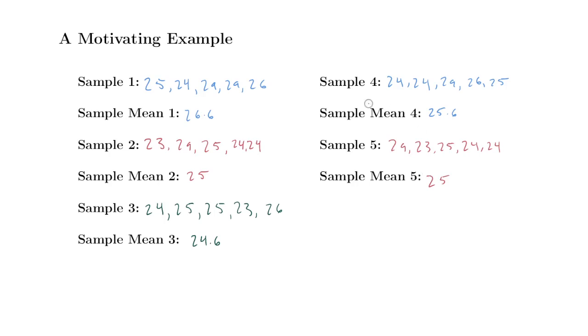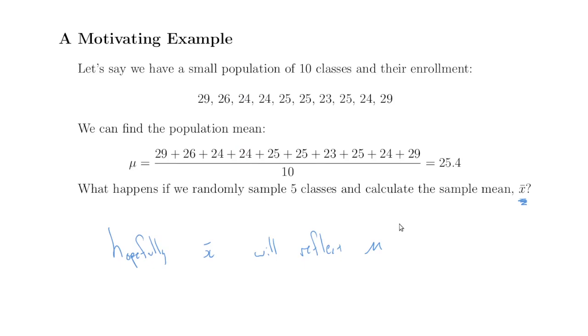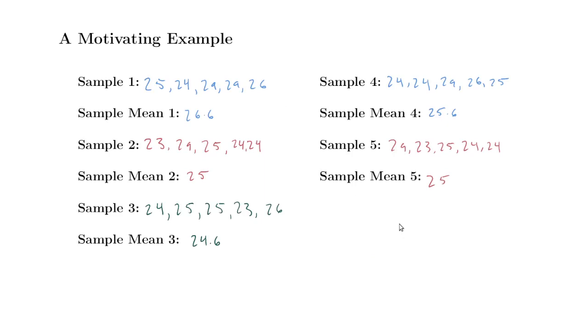Cool. Hopefully I've copied all this stuff down correctly from the screen off on my side, but these are actually 5 random samples of size 5 from that population here, where again our population average was 25.4, and clearly our sample averages are a little bit different from there.